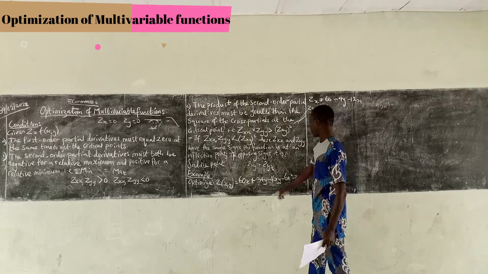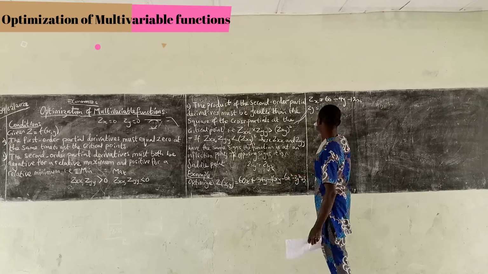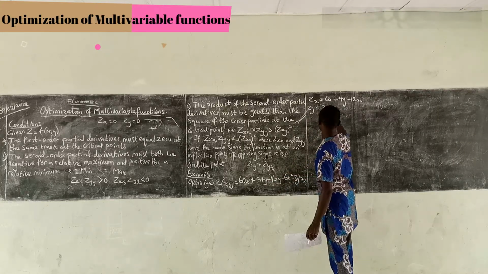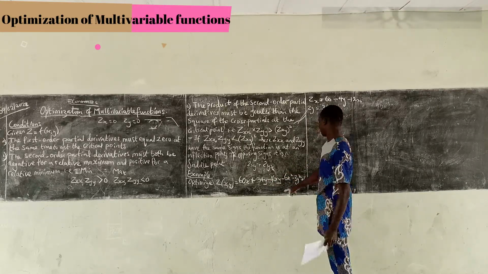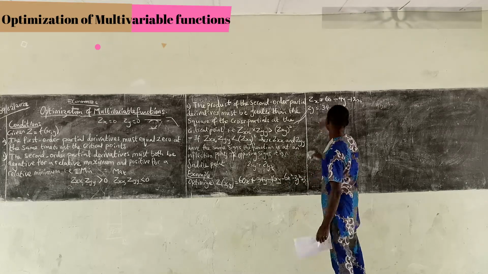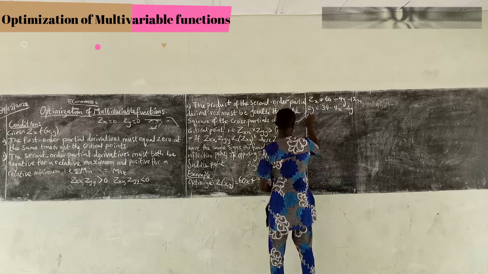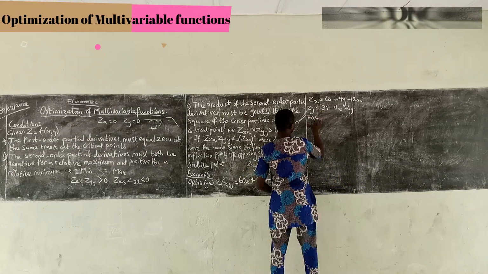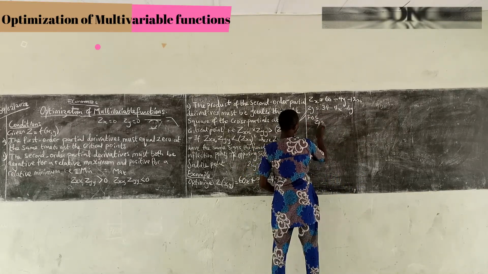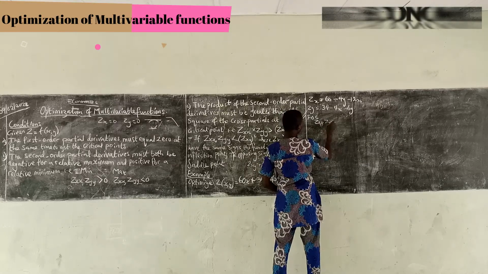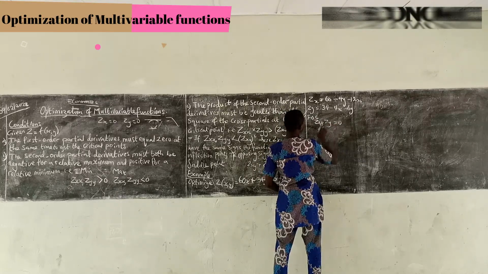Zy is going to be 34 minus 4x, then you have y here, minus 6y. So the first order condition, FOC, says that zx and zy should be set to 0.